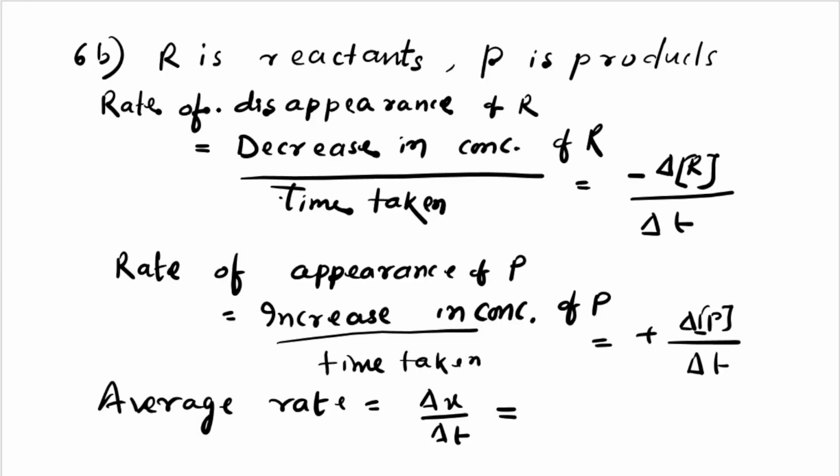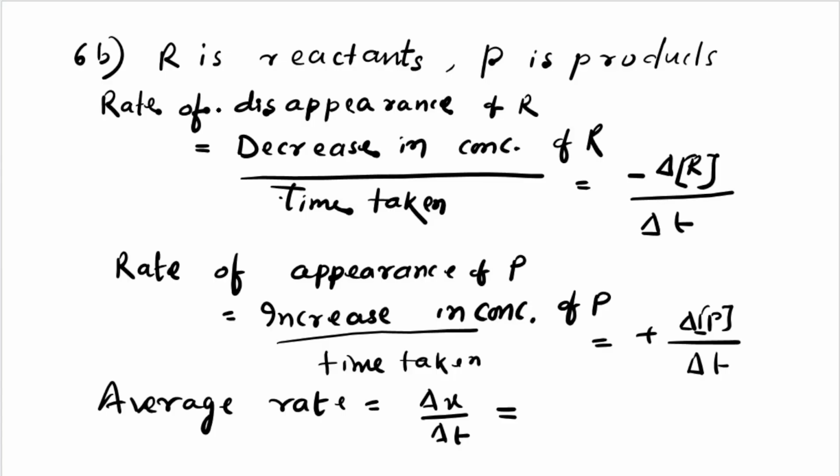Don't be confused. Now R is reactant, P is product. Then again I come back to the simple equation. When R is reactant and P is product, the concentration of R decreases and lastly disappears, and the concentration of the product P increases.